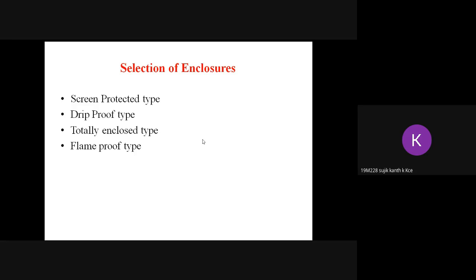It runs at 1500 RPM, at constant speed. Okay. What are the advantages of a synchronous motor?